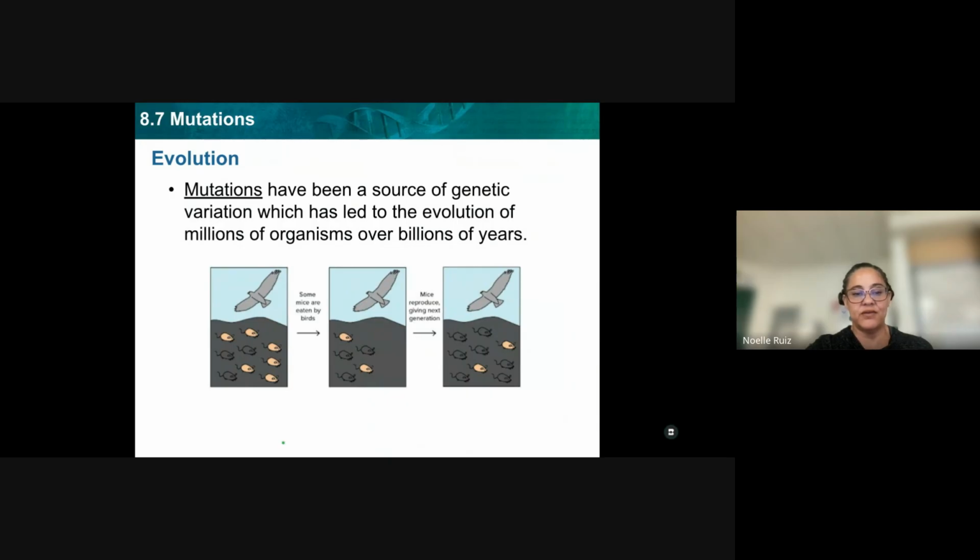So in this first panel, you can see there's a bird. The bird is hunting for all these mice. Well, it's going to eat the mice that it can see. So it can see all these light mice against the dark background.